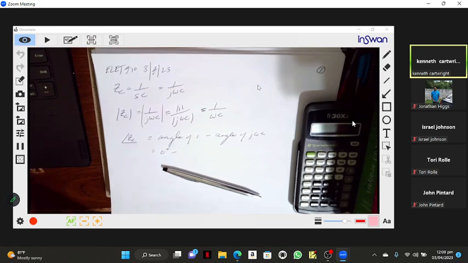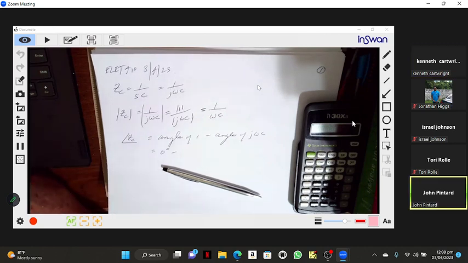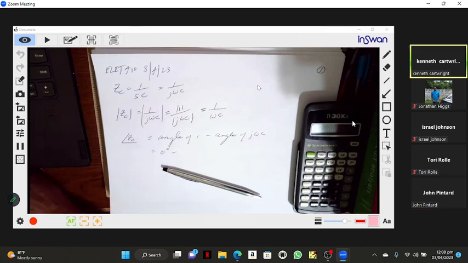I keep telling you all this. The imaginary part is a real number. The imaginary part is the coefficient of j.